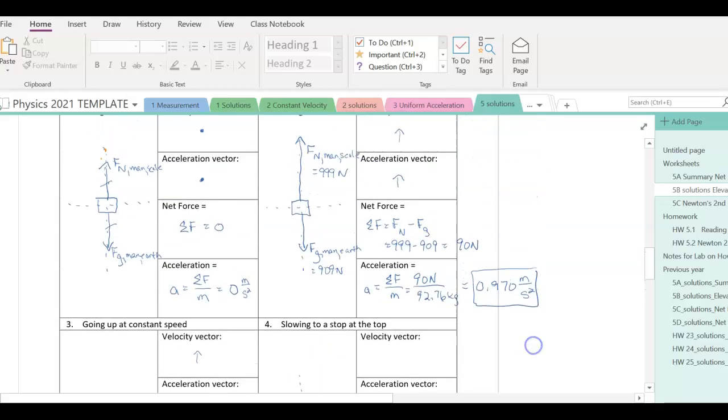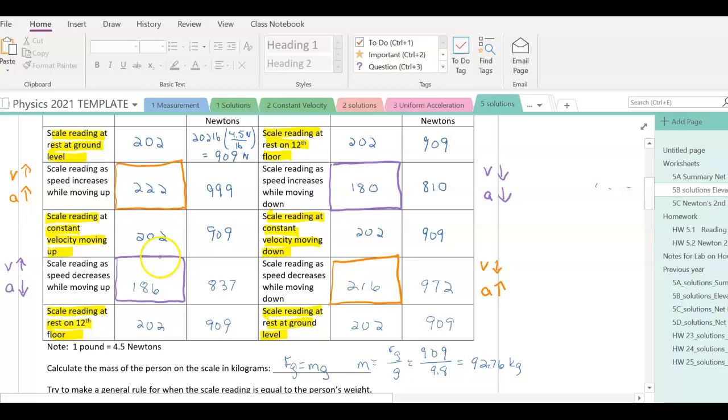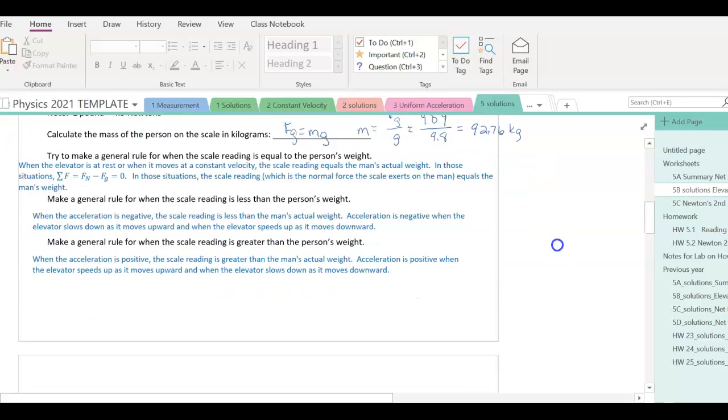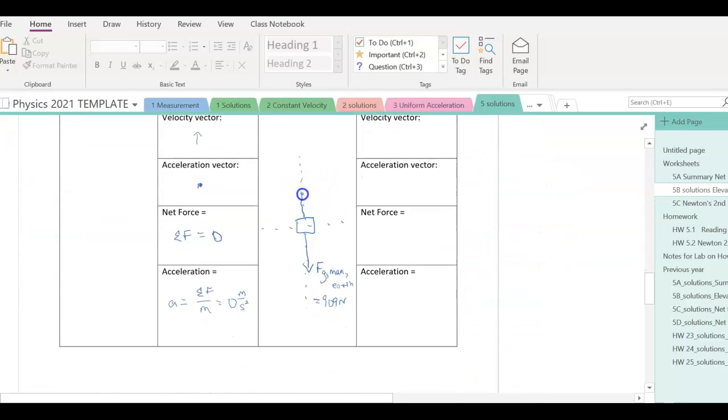But if I go up to the table and look at the reading for when he was slowing, the elevator was starting to slow down as it neared the top floor, the reading changed, and so in newtons it was only 837 newtons. So now the normal force is smaller than the force of gravity. The normal force on the man by the scale is only 837 newtons.